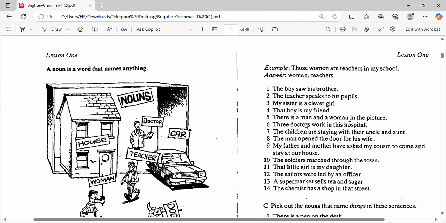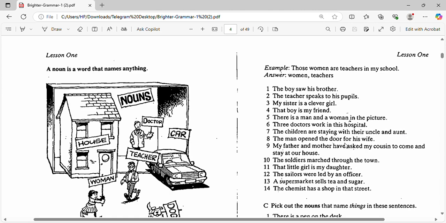Man, woman. 3 doctors work in this hospital. Doctors. The children are staying with their uncle and aunt. Children, uncle and aunt.